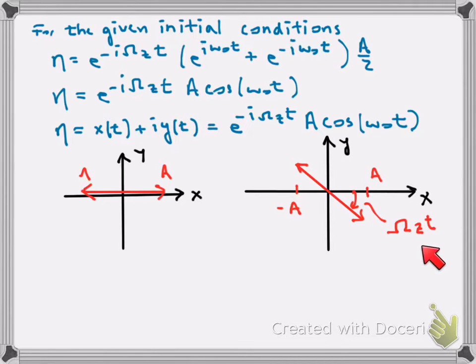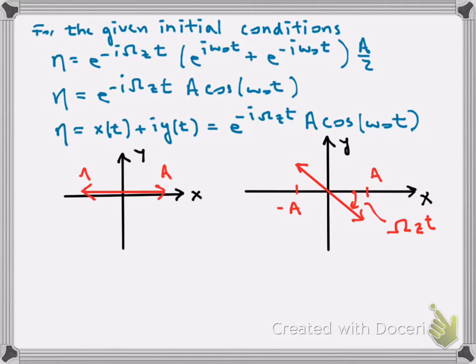So here I have omega z t, that's this angle here. And so this back and forth motion is going to happen at an overall angle of omega z t from the x-axis. And so you see that the motion back and forth is going to change direction over time. And that's the entire Foucault pendulum result.